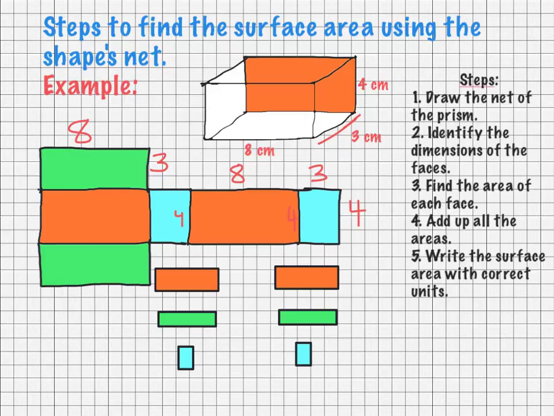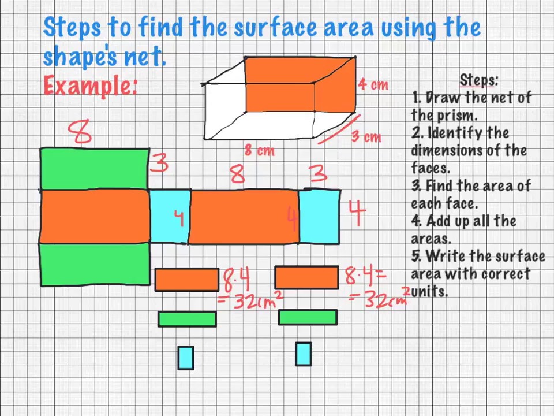Now we will calculate the area of each of our 6 bases, starting with one of the orange-colored bases. The dimensions were 8 by 4, which when we calculate area becomes 32 centimeters squared. The other orange base has the same dimensions of 8 by 4, which makes 32 centimeters squared.